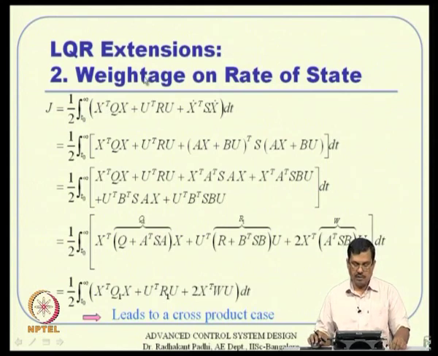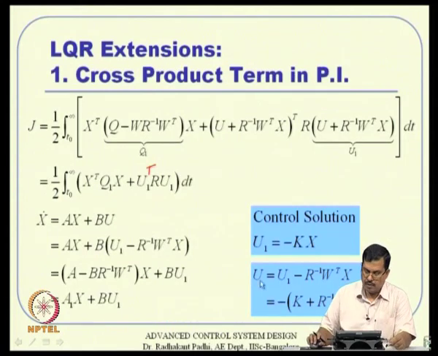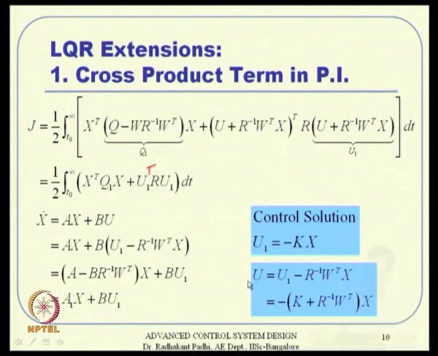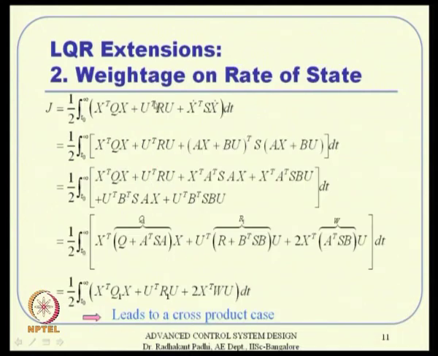So this particular formulation leads to a case of cross product terms being there. Now, we know how to handle this cross product term already, and hence we know how to solve this actually. So that is how we handle this rate of state.